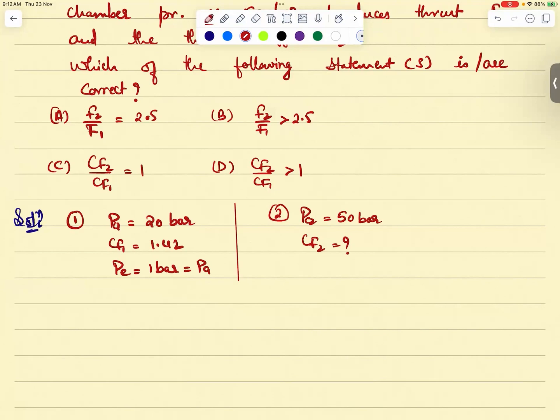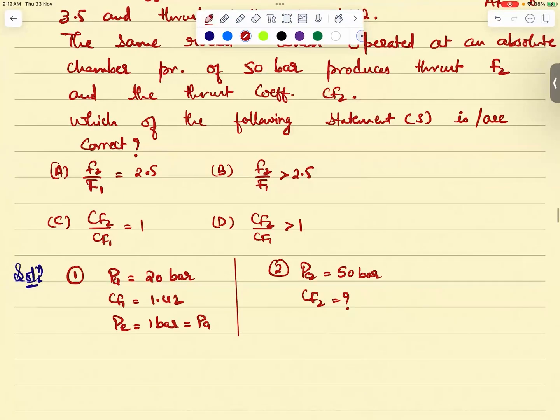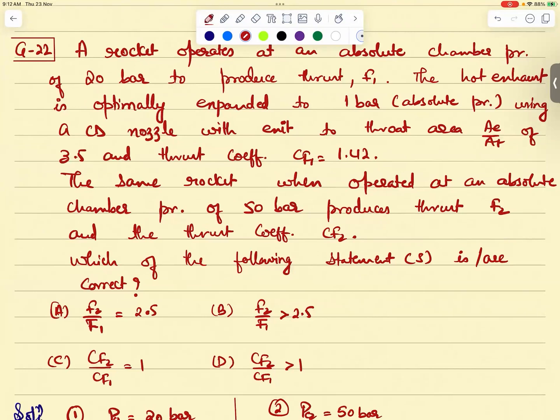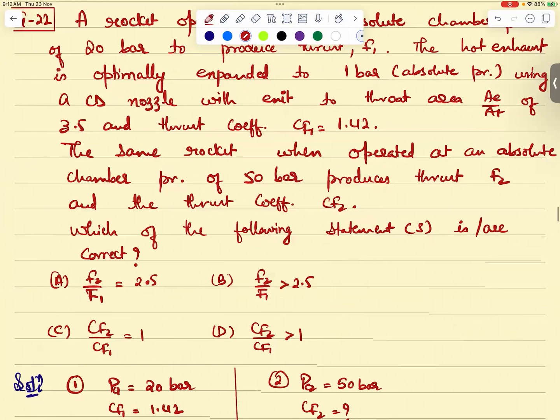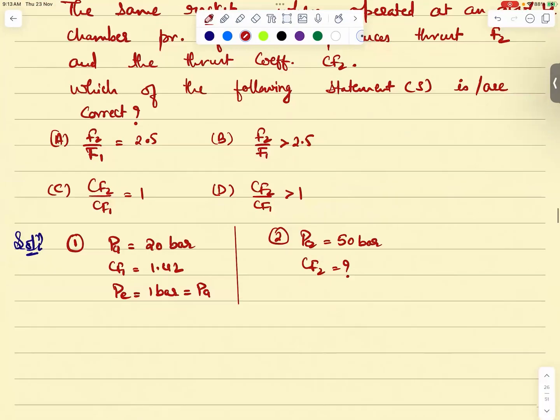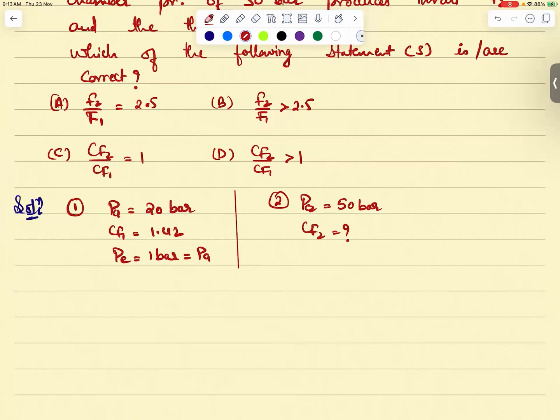So what is the chamber pressure relation? What will happen if this chamber pressure is increased? PC2 is greater than PC1 clearly by 30 bar.